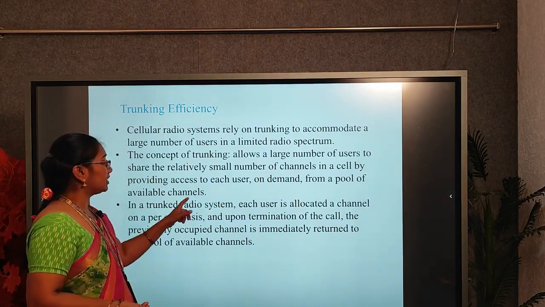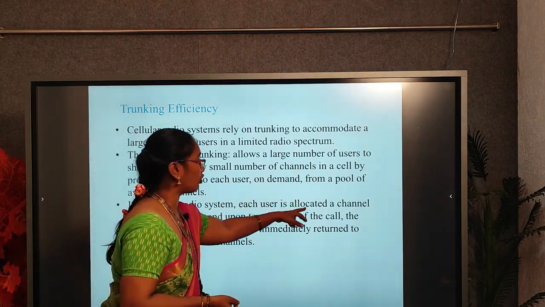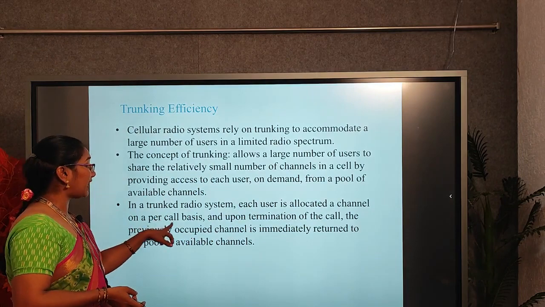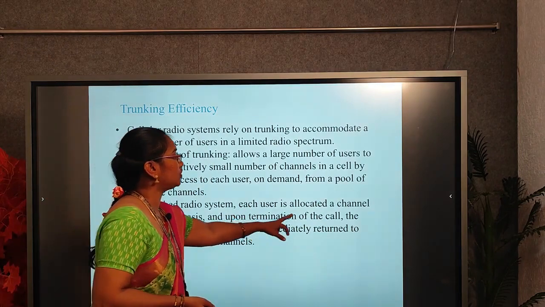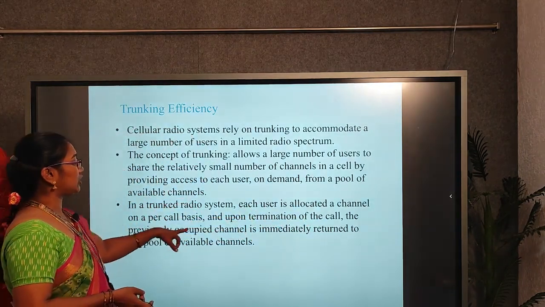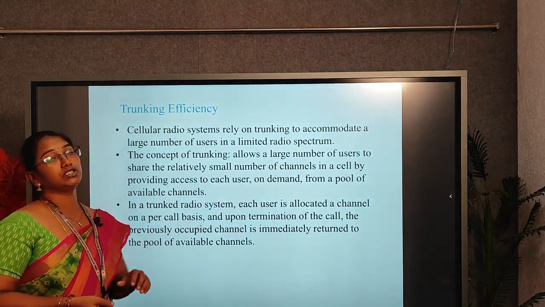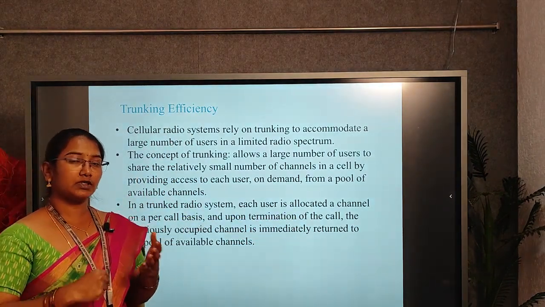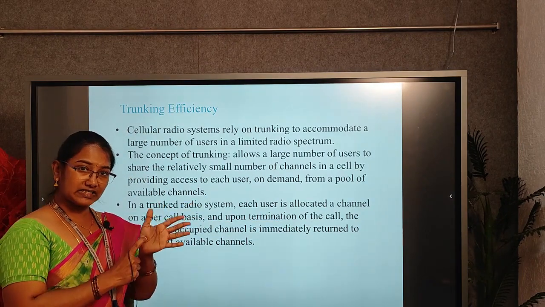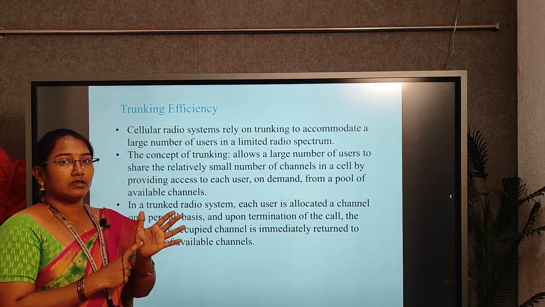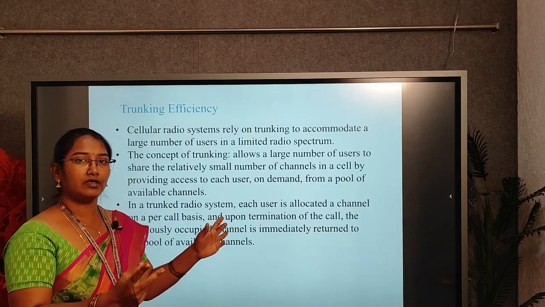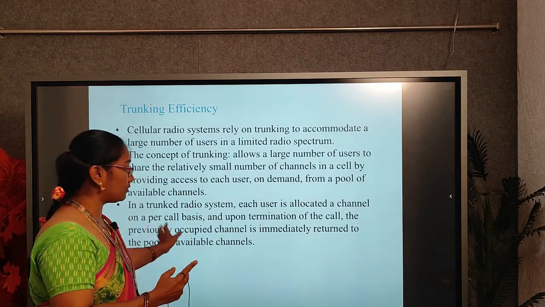In a trunked radio system, each user is allocated a channel on a per call basis, and upon termination of the call, the previously occupied channel is immediately returned to the pool of available channels. Whenever the customer completes his conversation and terminates, the channel is freed and goes to the available channels.